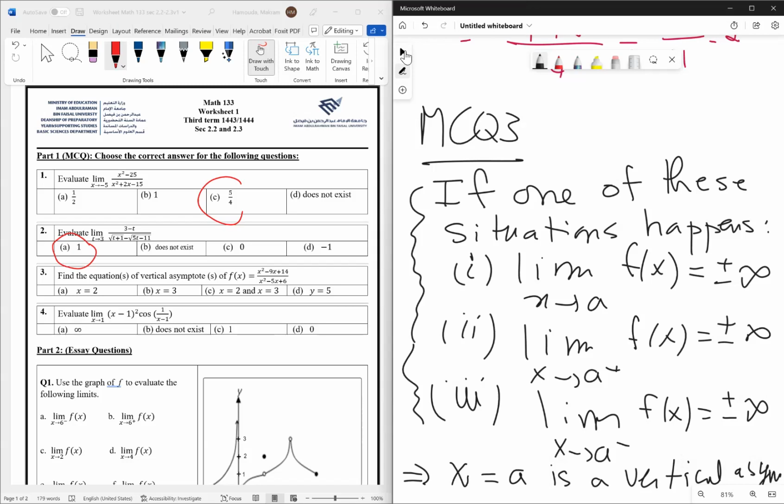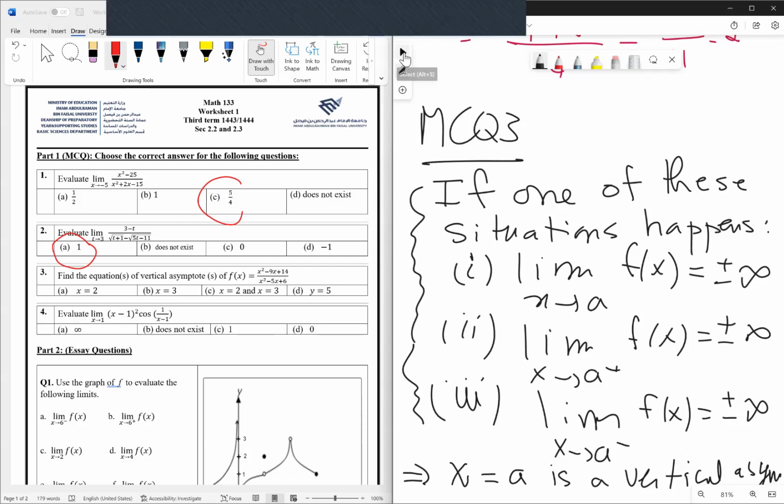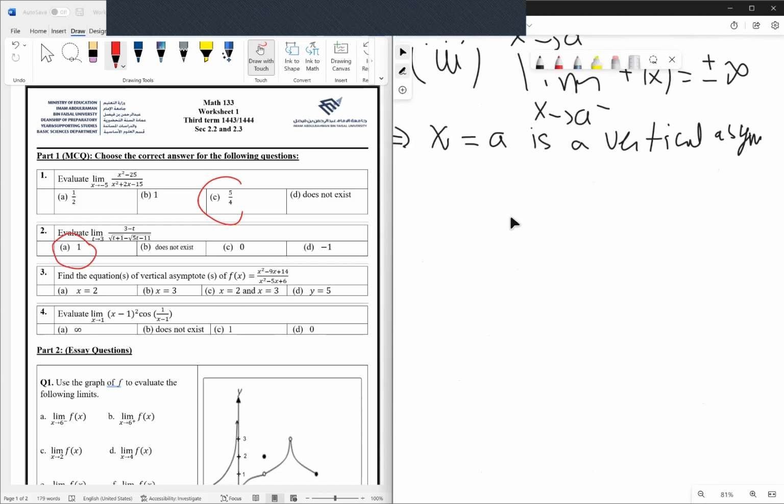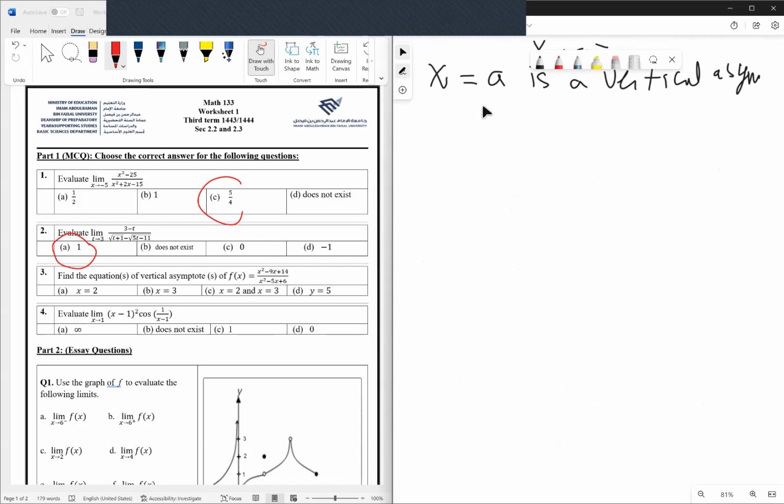Okay. So usually what we do to find the vertical asymptotes is here we have denominator.